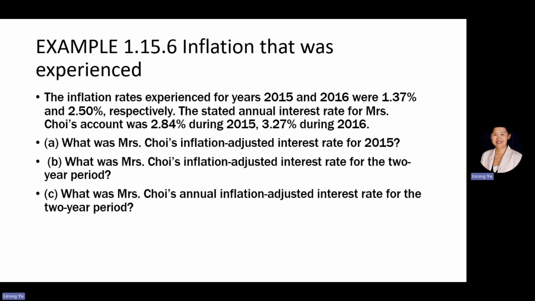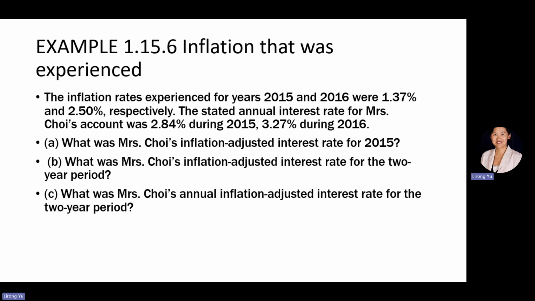The stated annual interest rate for this person's account is 2.84 during 2015 and 3.27 during 2016. Luckily, both interest rates are higher than the inflation rate. You have to realize that if your inflation rate is higher than the interest rate, your money is literally decreasing rather than increasing, at least in purchasing power.